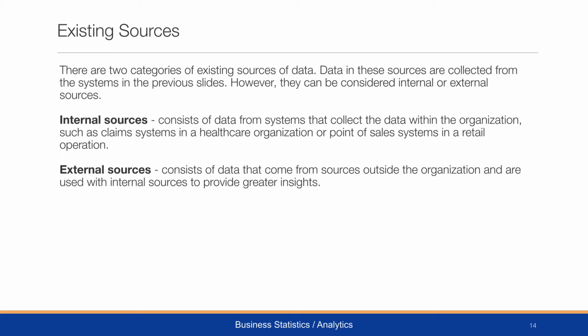External sources are data that come from sources outside the organization and are used in conjunction with internal sources to provide greater insight, such as collecting stock information from, say, Bloomberg, or collecting weather information from the National Weather Service. These could be used in conjunction with any other analysis to truly create additional value in the machine learning, artificial intelligence, or other algorithms that are produced.